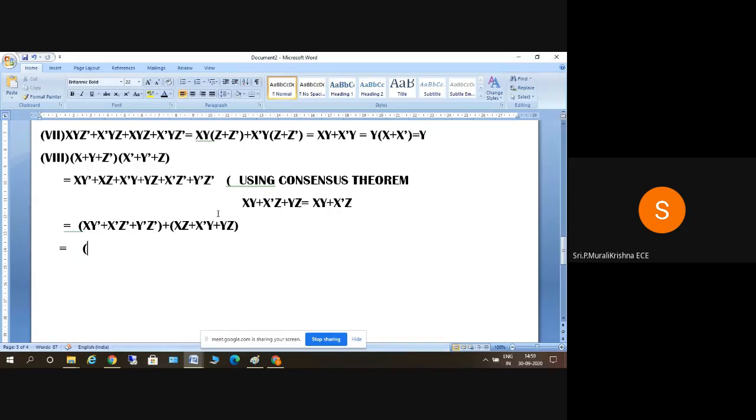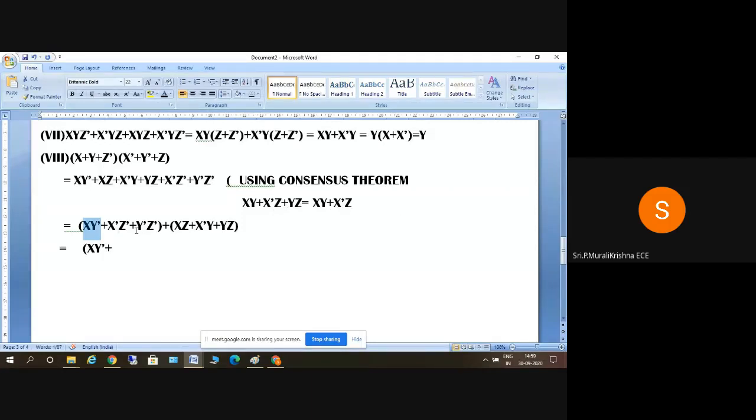So this is the common xy term, and xy bar is common here. I'm arranging the things like this, and x bar z.